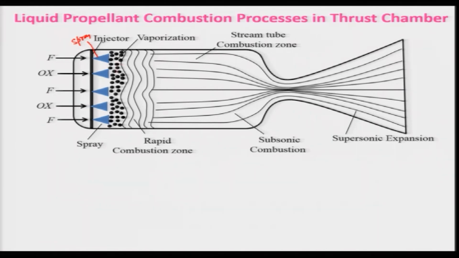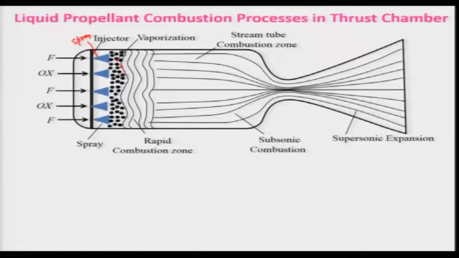Also the flame might occur sometimes. So there might be some smaller droplets. It is quite complex, and when vaporization starts, of course you should have some ignition energy if it is a non-hypergolic propellant, and if it is a hypergolic propellant, liquid phase combustion can take place as well.